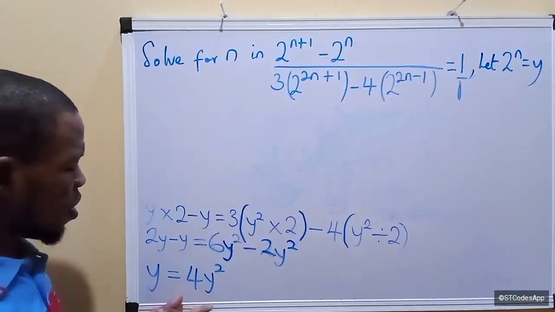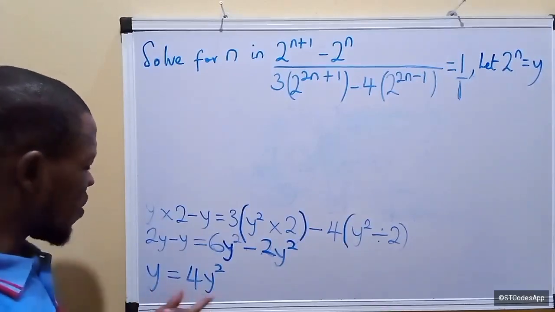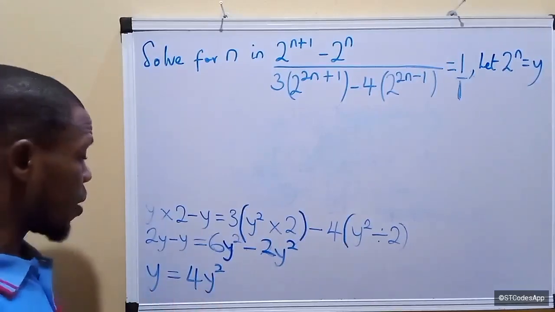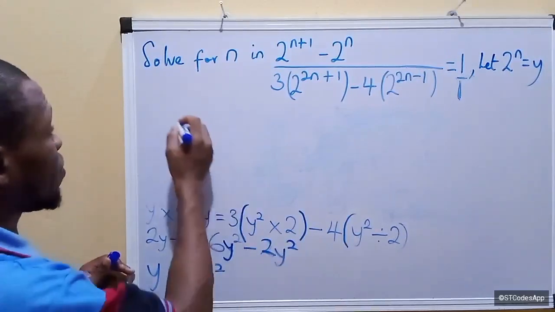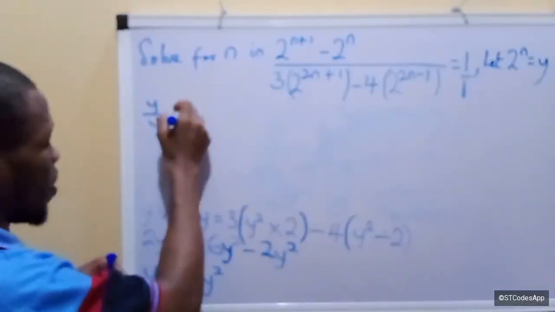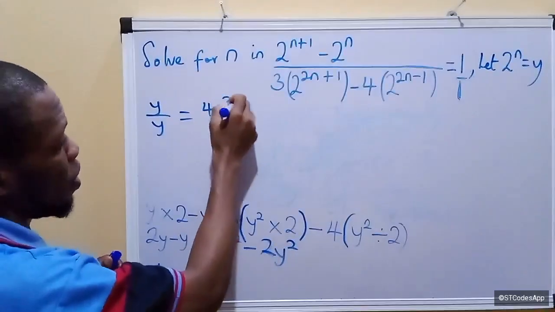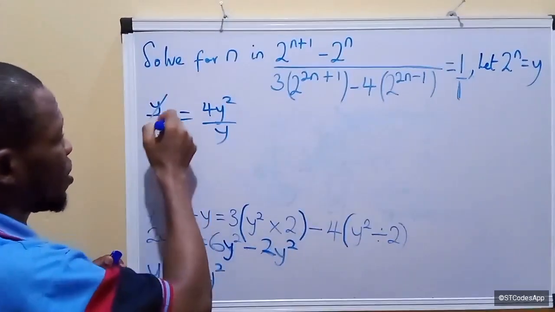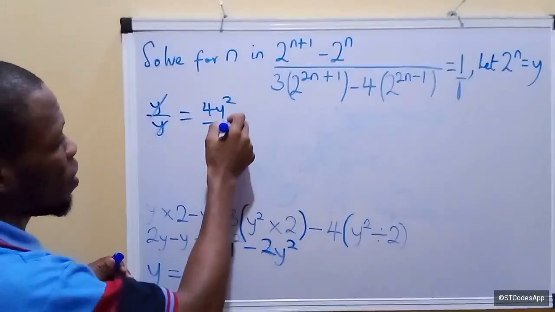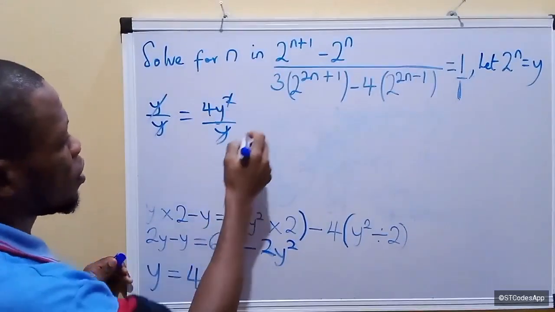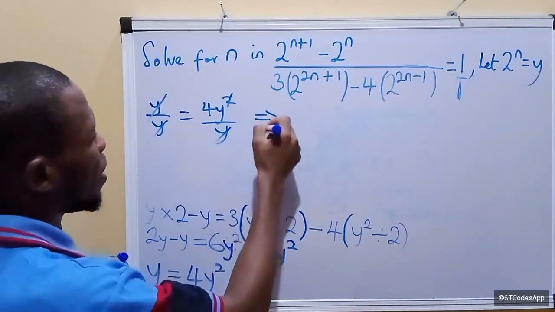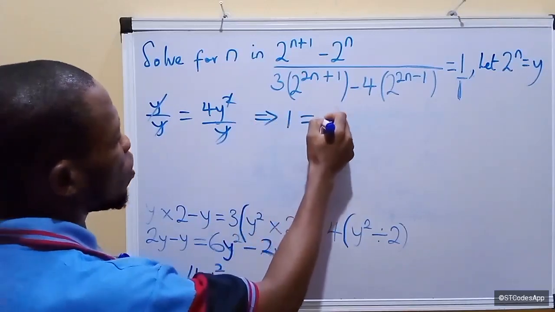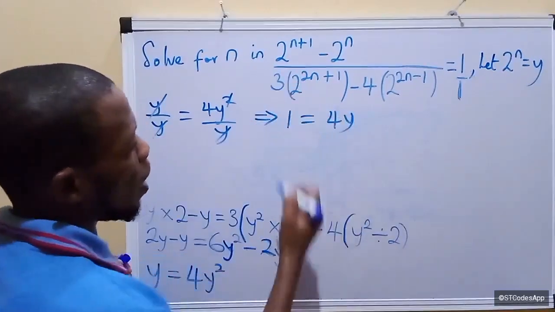Okay, proceeding from here, we're going to divide both sides of this equation by y. And if we do so, we're going to have y all over y equals 4y squared all over y. Y cancels here, we have 1 left here. Y cancels y here. So this is going to imply 1 is equal to 4y.